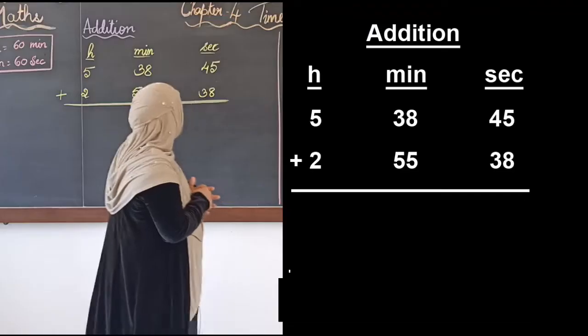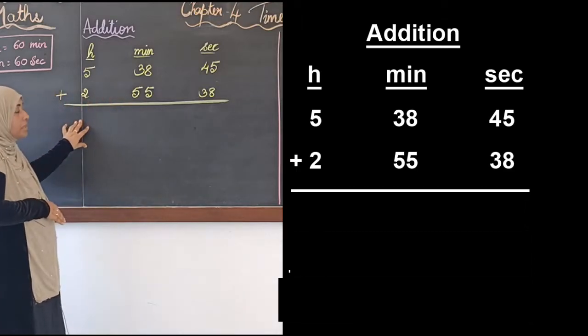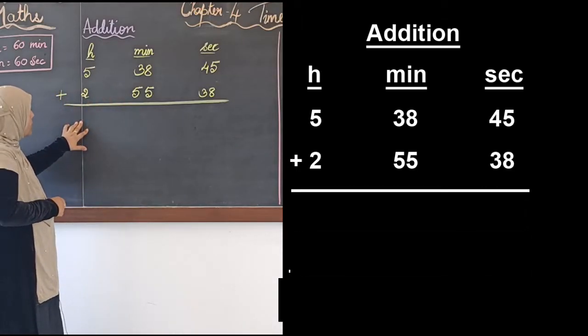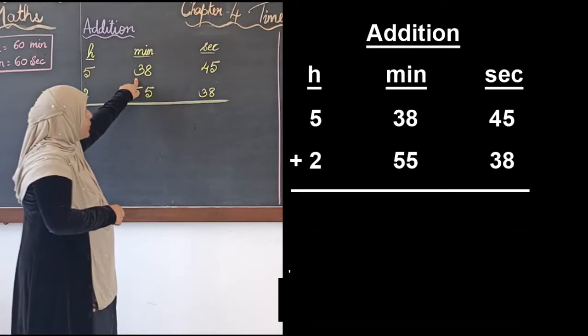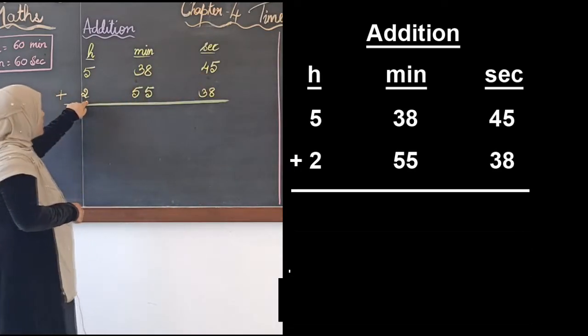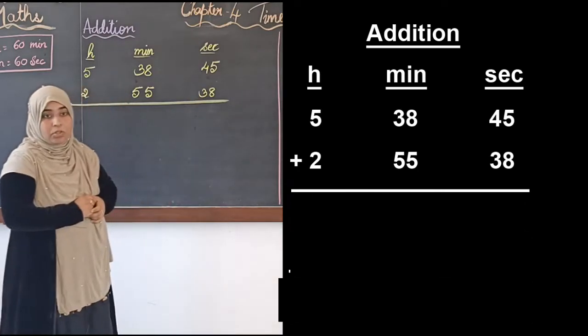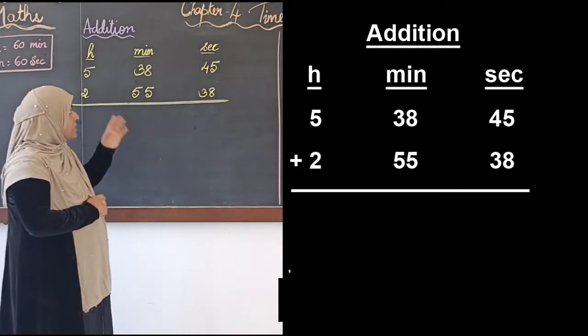First we add seconds, then minutes, then hours. The question here is 5 hours 38 minutes 45 seconds plus 2 hours 55 minutes 38 seconds. Now let's add the seconds.